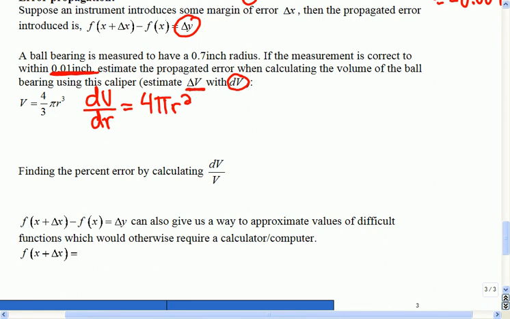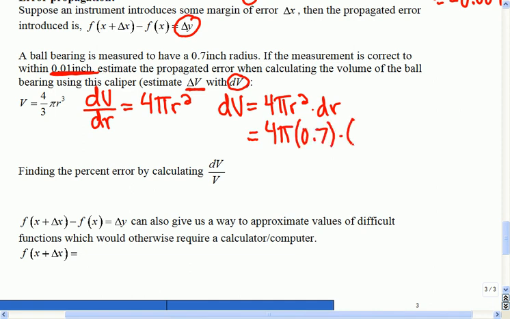That means I can approximate the change in volume with 4 pi r squared times dr. In our example, we're using 4 pi, the radius is 0.7, and it's accurate to within 0.01 of an inch. So now I'm able to approximate how much this error will affect the volume.